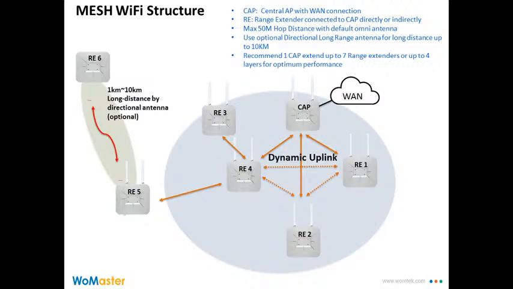In this case, we can use the WA512GM with a directional high gain antenna to extend the communication to 1 or 10 kilometers, so that we can connect two separated networks together. Hence, the mesh network is more flexible and extensible.